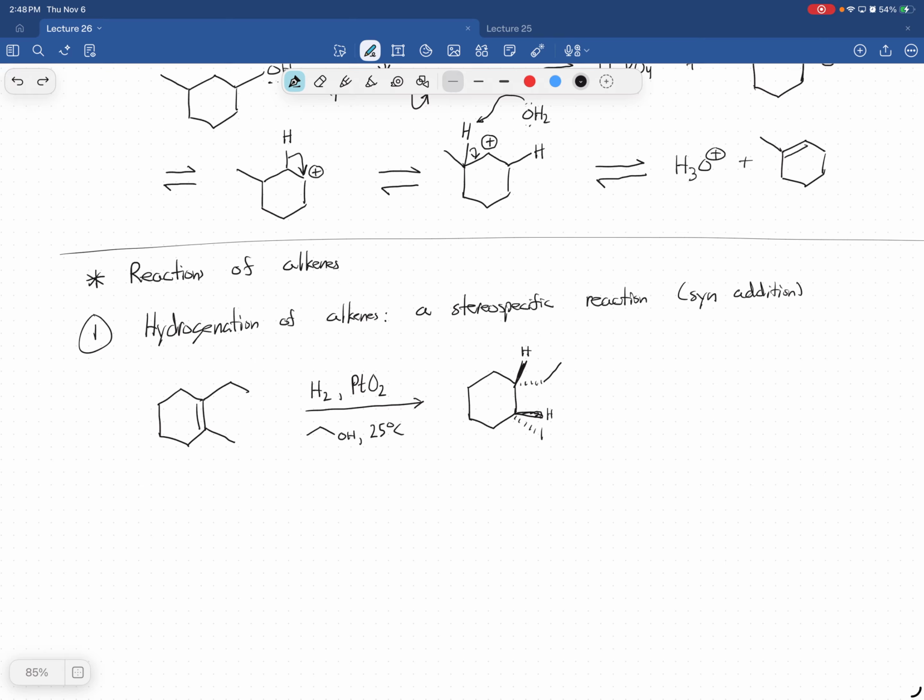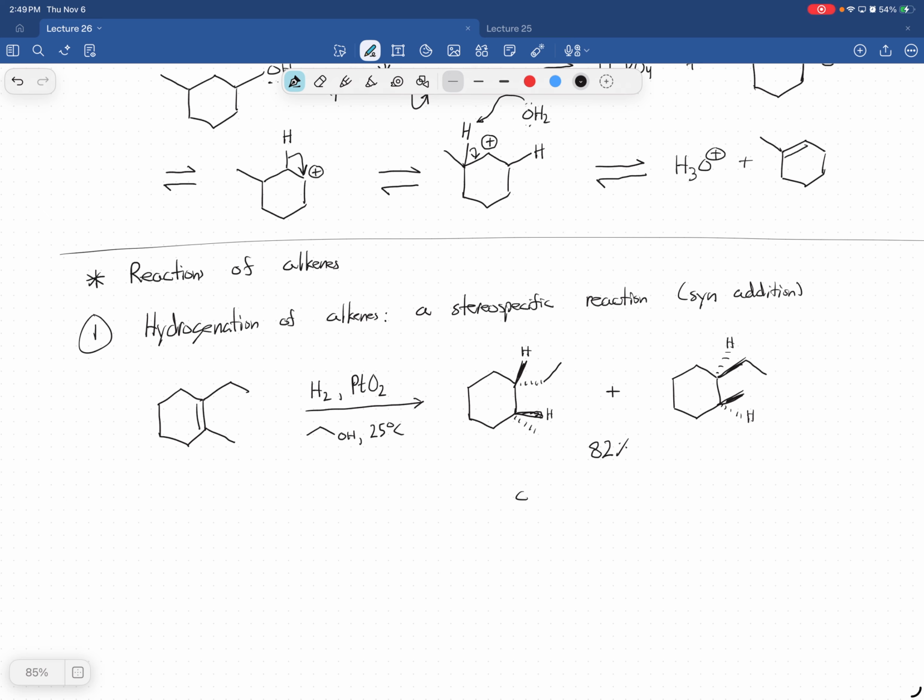Oops, sorry. Let's go back. Plus, the hydrogen now is adding from the bottom face. Okay, so here you have 82% total yield of both enantiomers.